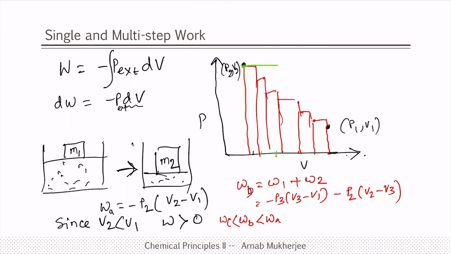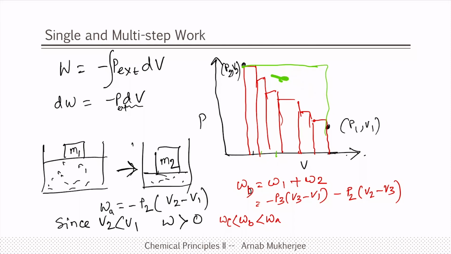Because remember, what was the first step? The first one step work was this much, all under the green curve, but now using many steps we are reducing this place work, we are reducing.